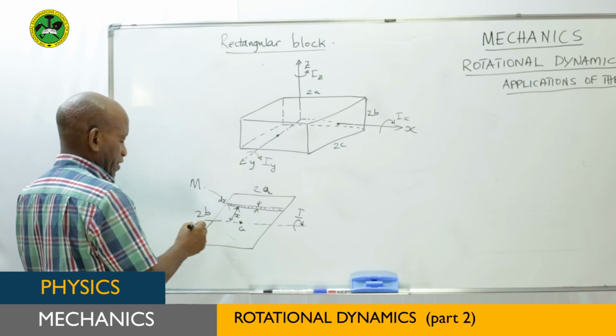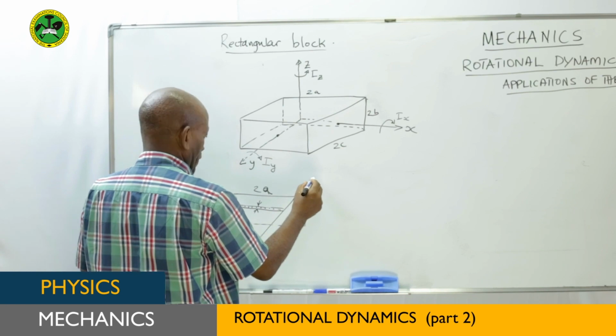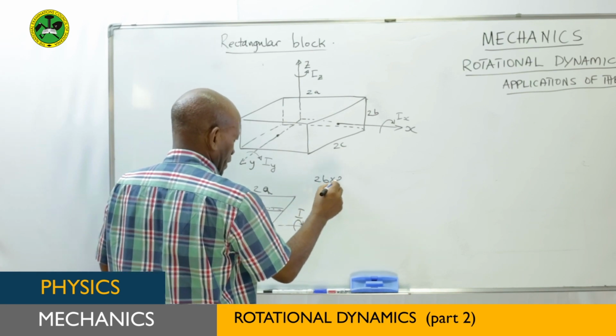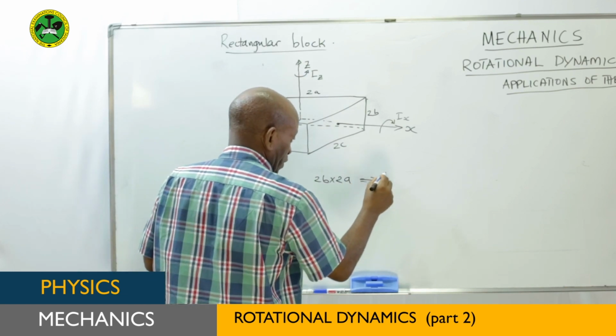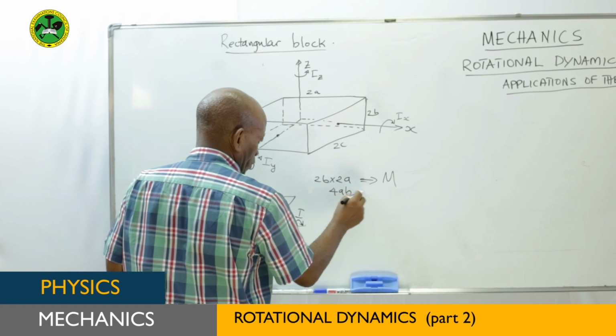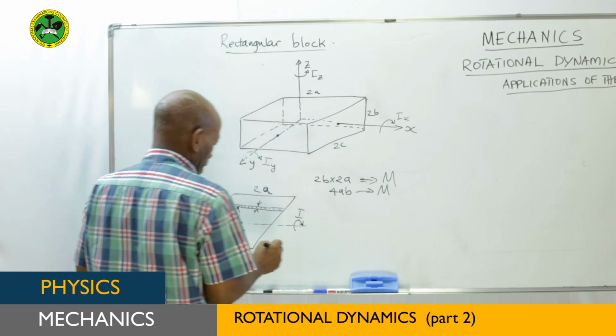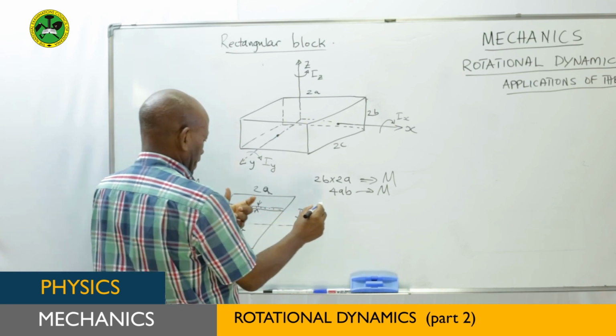You all know that the whole size, 2b times 2a, that area, which is 4ab, corresponds with the mass m. But here I'm having the length 2a and the thickness dx.